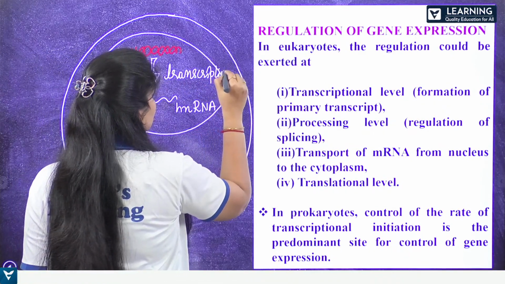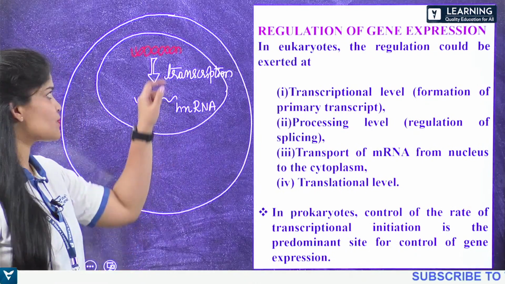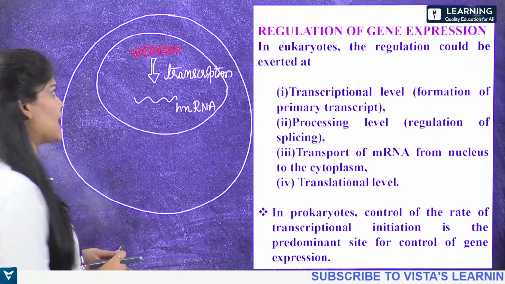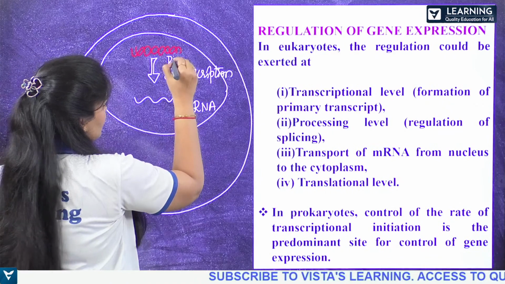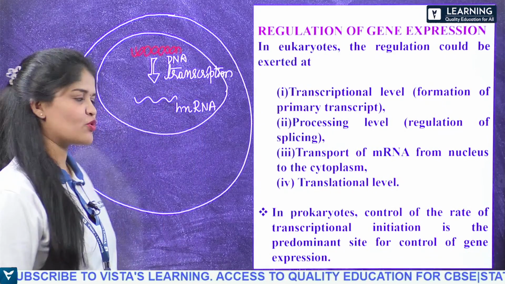Transcription happens here, where the genetic information present in the DNA is copied down to RNA. So this is DNA and this is hnRNA, because it is a primary transcript.